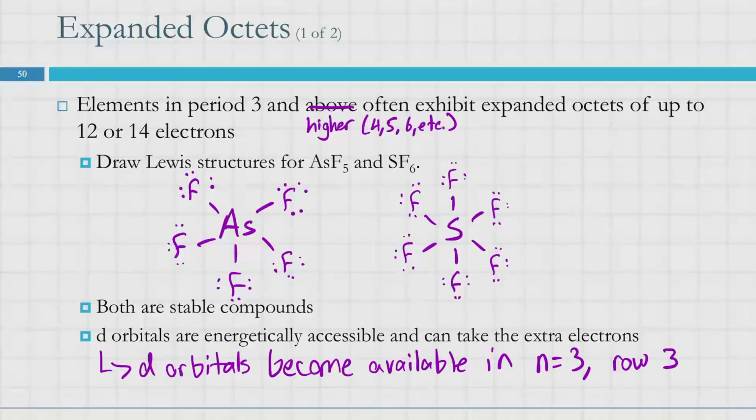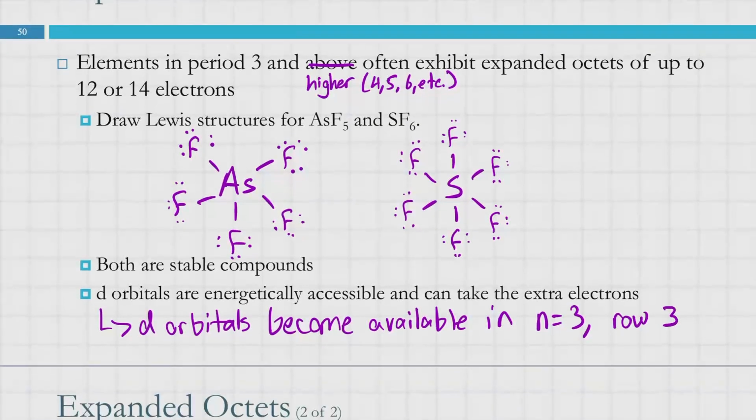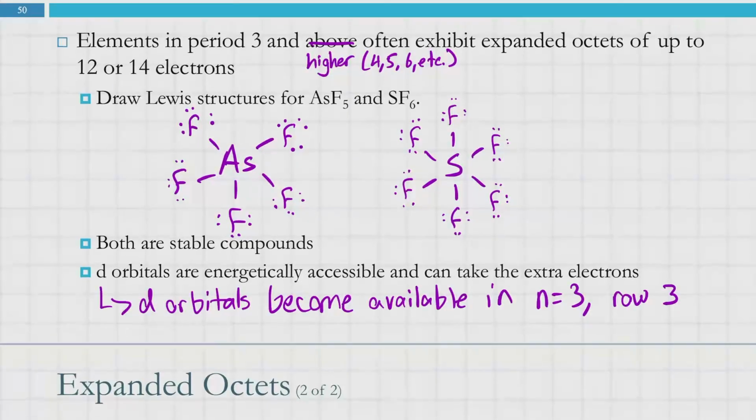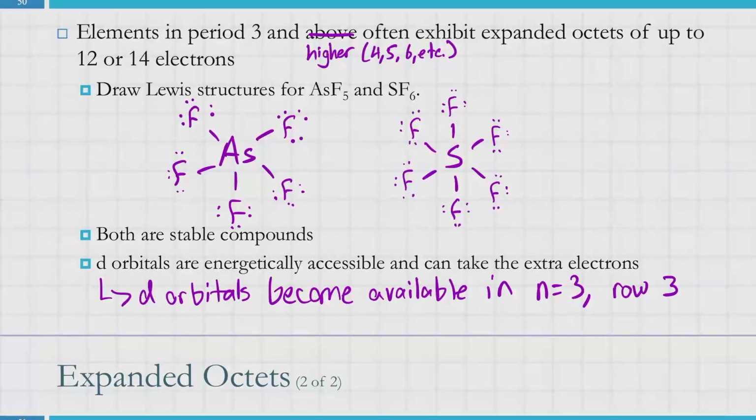And we don't fill them up until we're one row past. So they're a little bit higher in energy, but they're empty. So these sort of act as extra pockets that sulfur, arsenic, and other large compounds, things that are lower on the periodic table, can put electrons into if they need to.